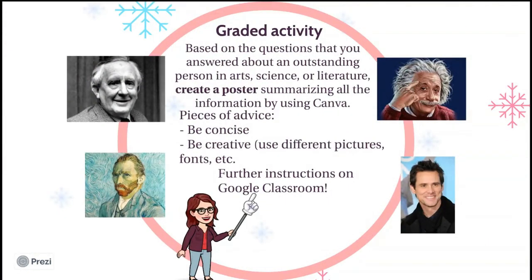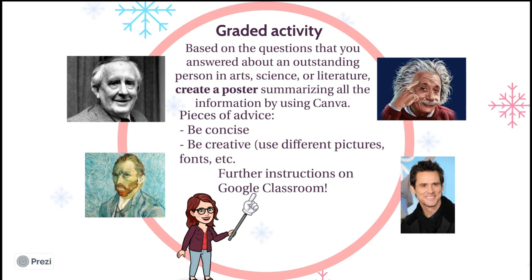Now let's move on to the graded activity. So based on the questions that you answered about an outstanding person in arts, science, or literature, now you have to create a poster summarizing all that information by using Canva.